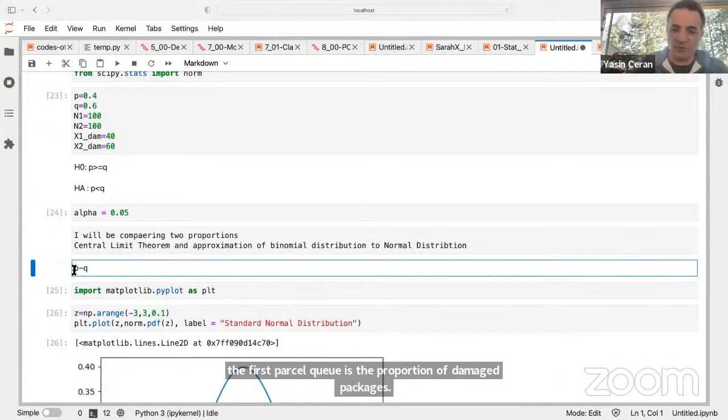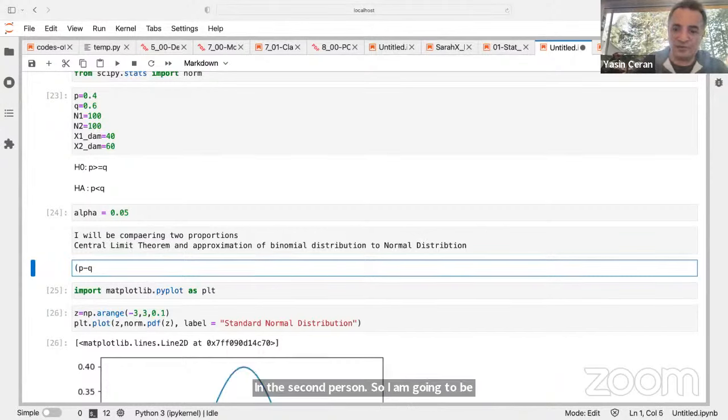I am going to be comparing this difference between P and Q, whether this difference is 0 or not.